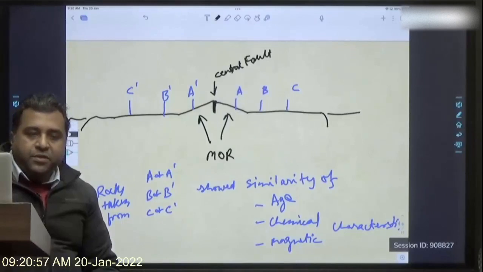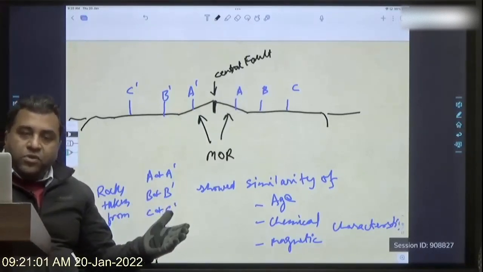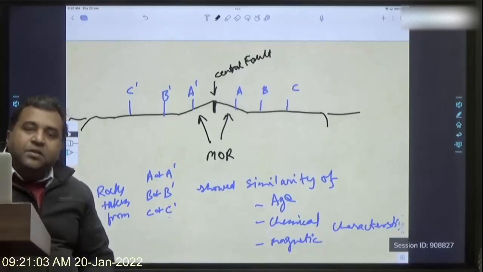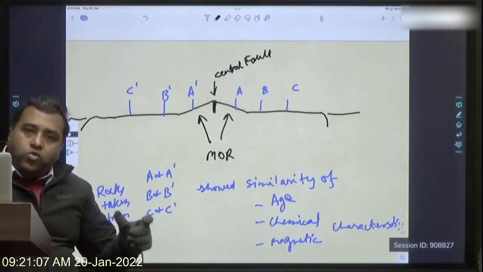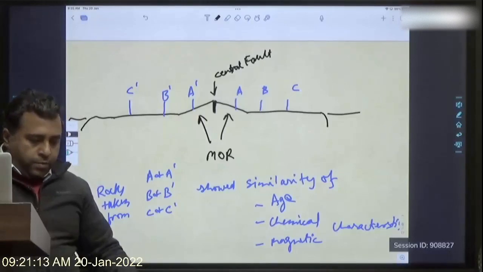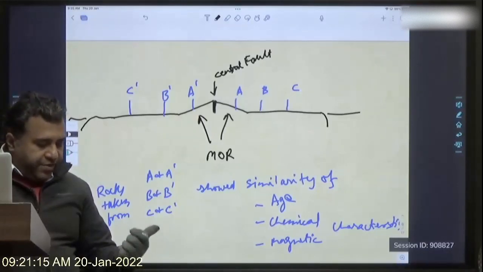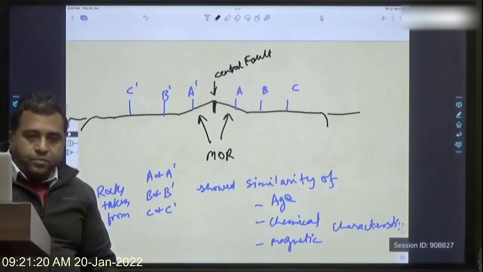The ocean floor was formed around 4,000 million years before present, but we have never been able to find rocks older than 200 million years on the ocean floor.